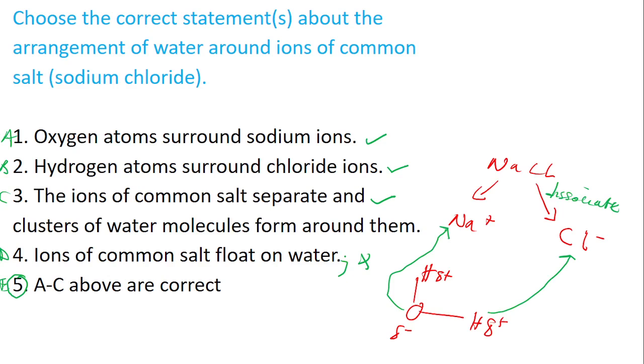So the reason why an ionic compound like sodium chloride dissolves in water is because it dissociates. It's not that they form hydrogen bonds. I think I need to emphasize that.